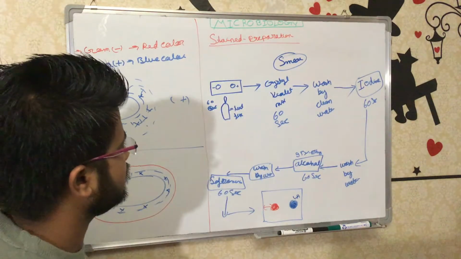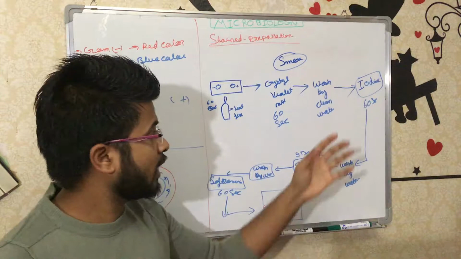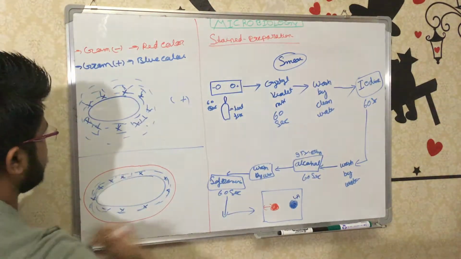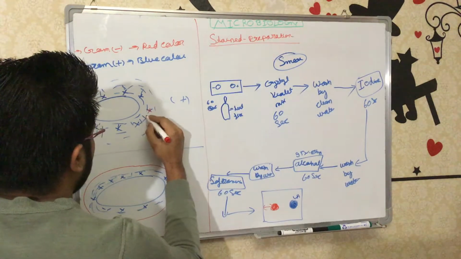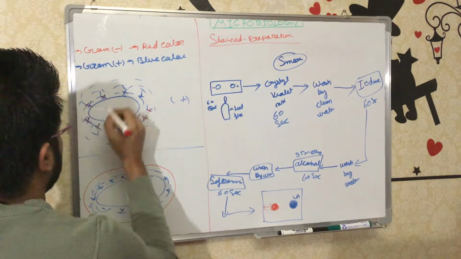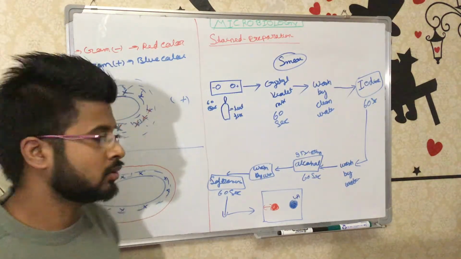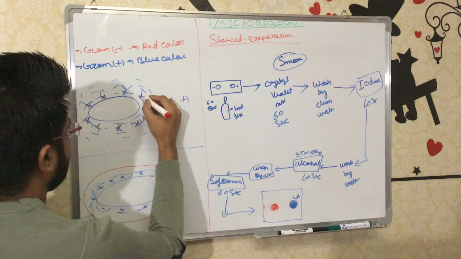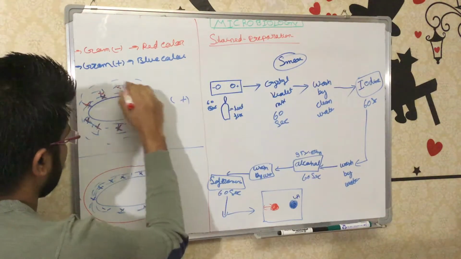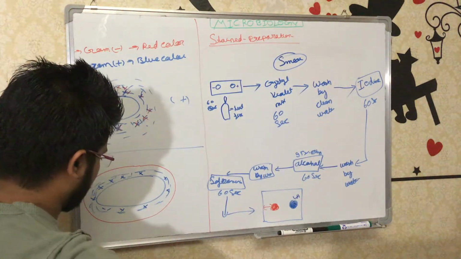After the crystal violet, after the wash, again we add the iodine. What will the iodine do? Let's see. So the red one is the iodine. Iodine and crystal violet will make a tight complex in the peptidoglycan layer, in the gram positive as well as in the gram negative.